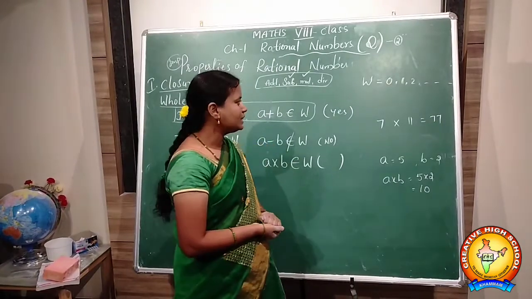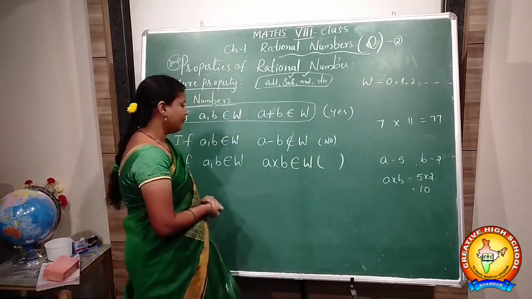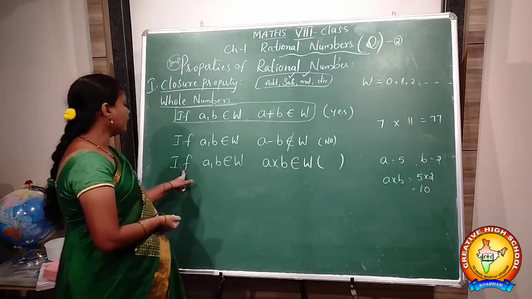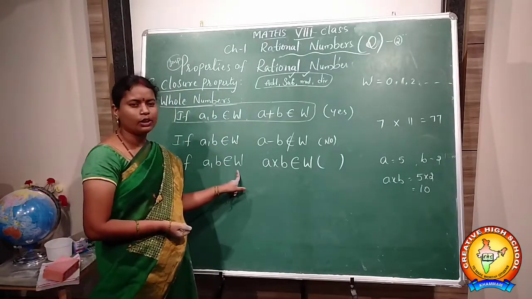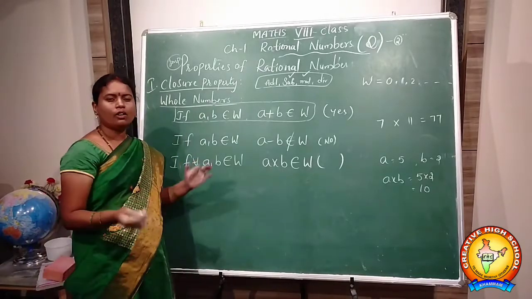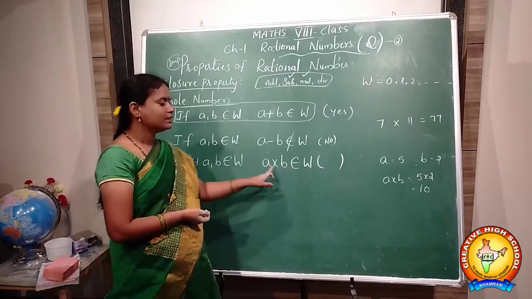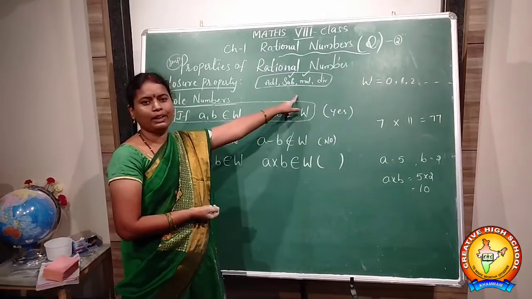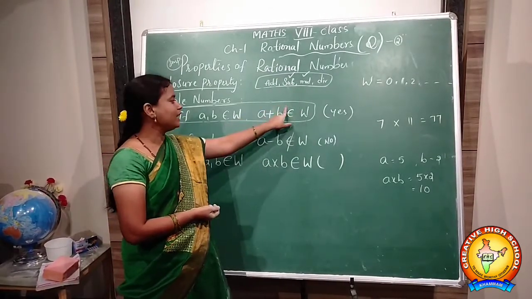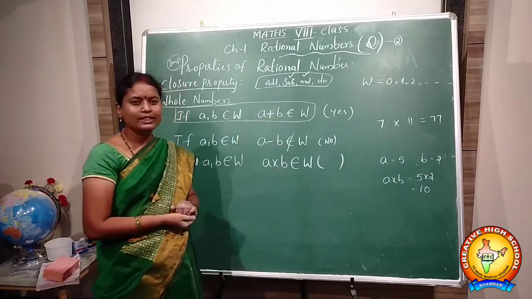Yes, 77 belongs to the set of whole numbers. So we can conclude that if A and B belong to whole numbers, for all the numbers this property is satisfied under multiplication also. Under addition also it is satisfied. Under multiplication also it is satisfied.